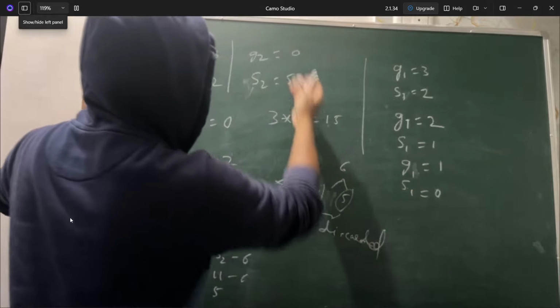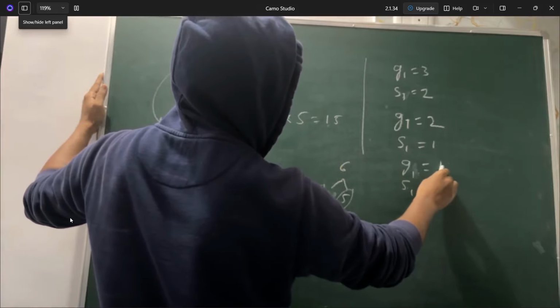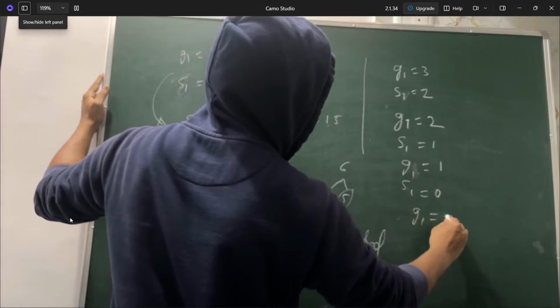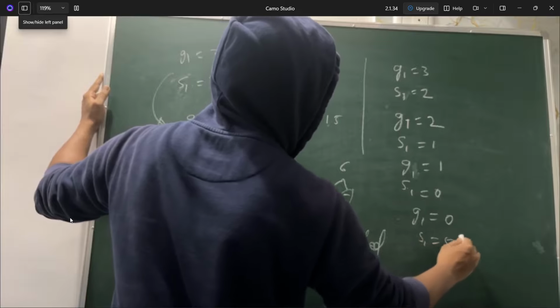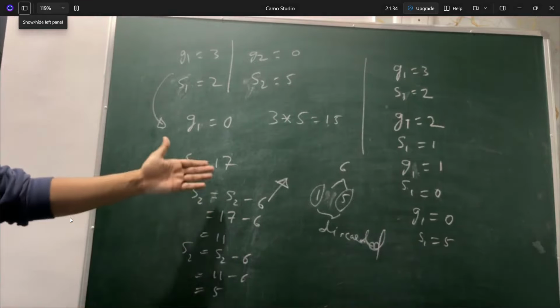Since this is not what we need, you do one more transformation. You give a gold coin and receive 5 silver coins. So in that case, gold will be 0 and silver will be 5. So making this transformation is equivalent to what I've said right now.